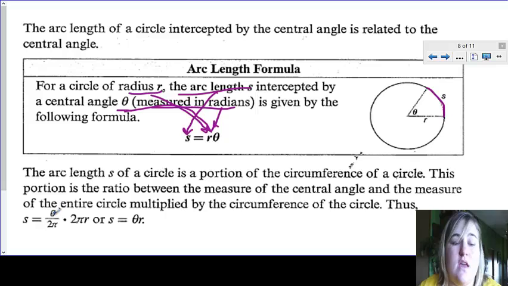This is the angle measure that we're talking about, over the entire circle, which we've already talked about. An entire rotation is 2 pi times 2 pi r, because 2 pi r is how we find the circumference. You should remember that, or pi times diameter. And then they've just simplified it, because 2 and 2 will cancel, pi and pi will cancel, which leaves you with theta times r.